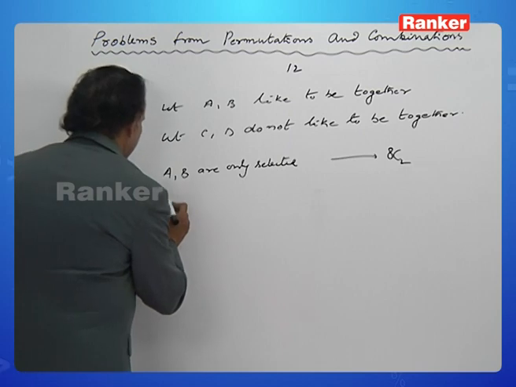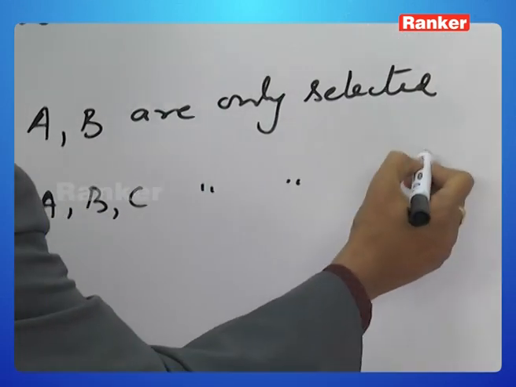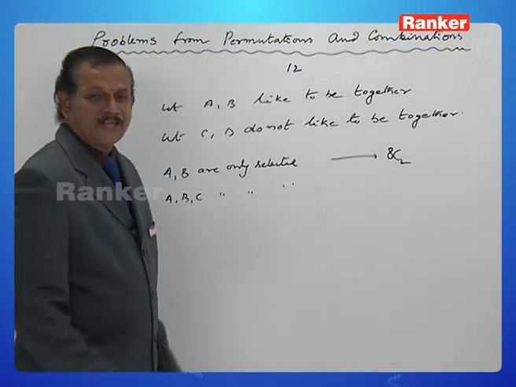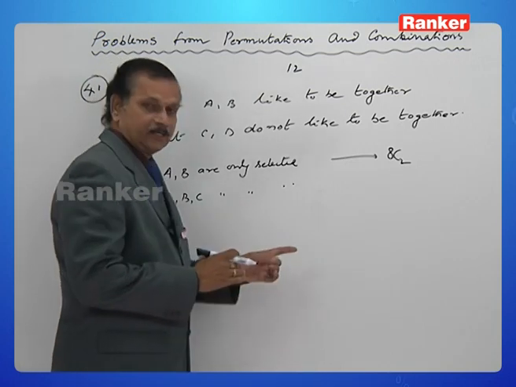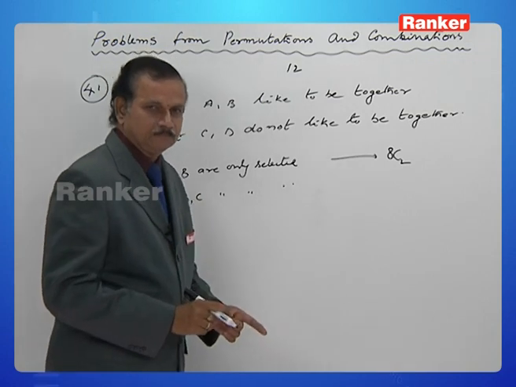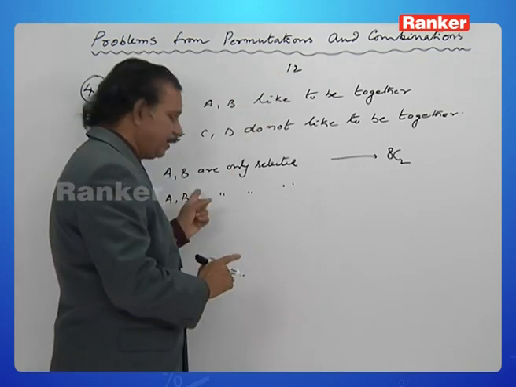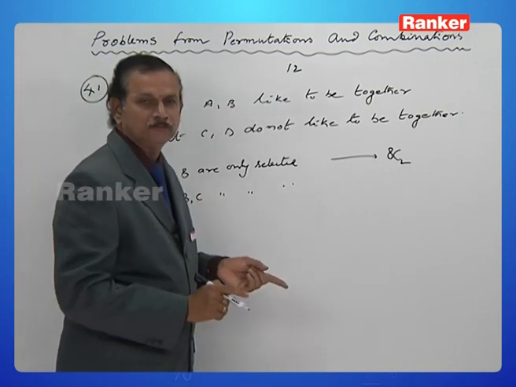Next case, A, B, C are only selected. 3 students are already selected. Only selected. What does it mean? D is not going to be selected. So from those 12, you omit A, B, C because they are already selected, and D also.